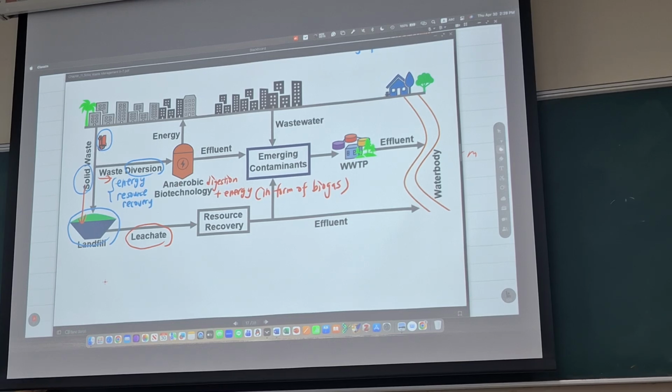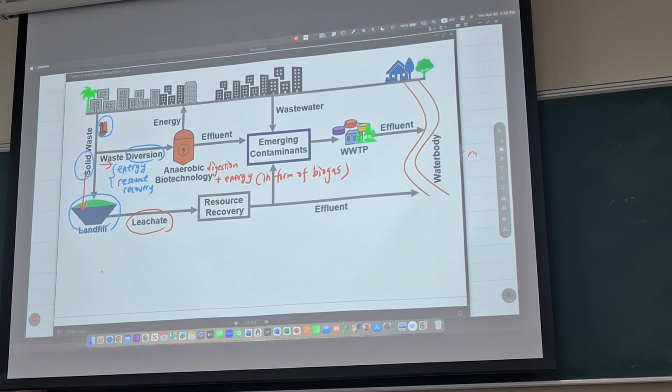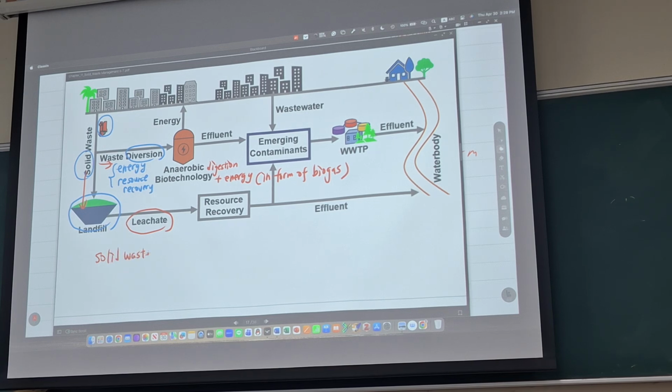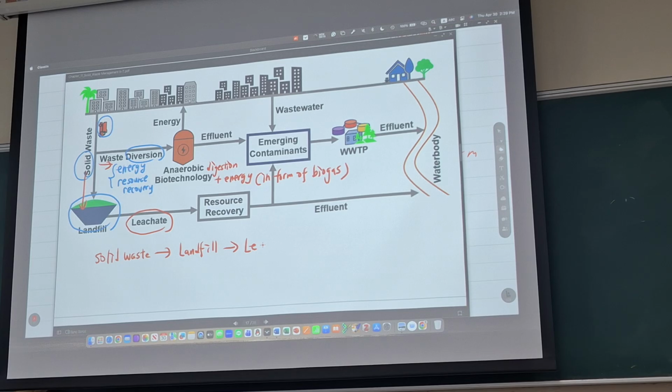So solid waste goes to landfill, and landfill generates leachate.